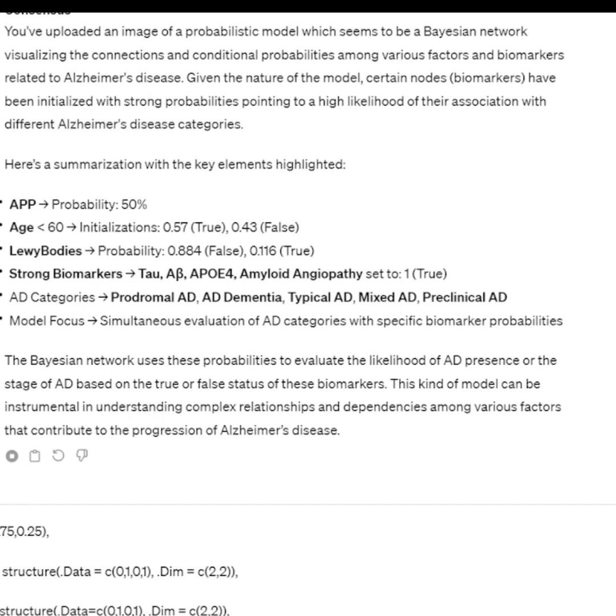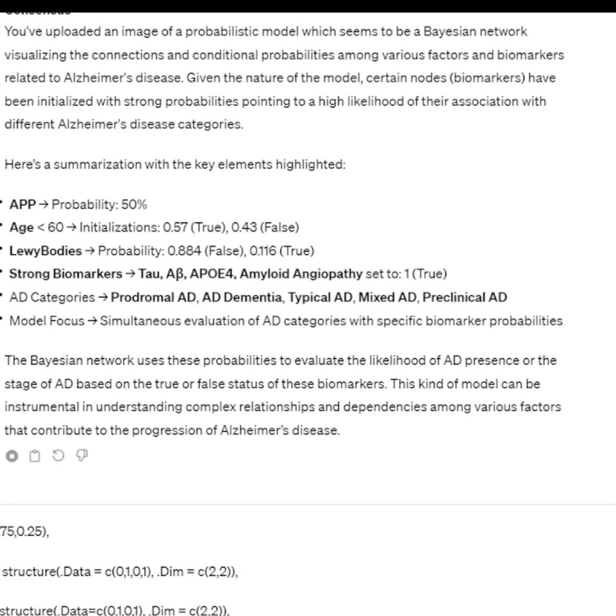APP probability, 50%. Age 60, initialization of 0.57 true, 0.43 false. Lewy bodies, probability 0.884 false, 0.116 true. Strong biomarkers, tau, Aβ, APOE4, amyloid angiopathy set to 1, true. AD categories: prodromal AD, AD dementia, typical AD, mixed AD, preclinical AD.